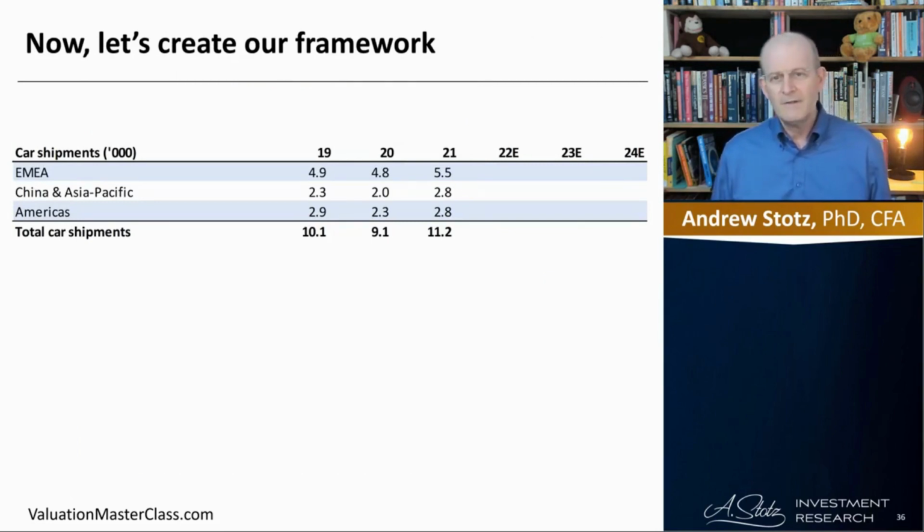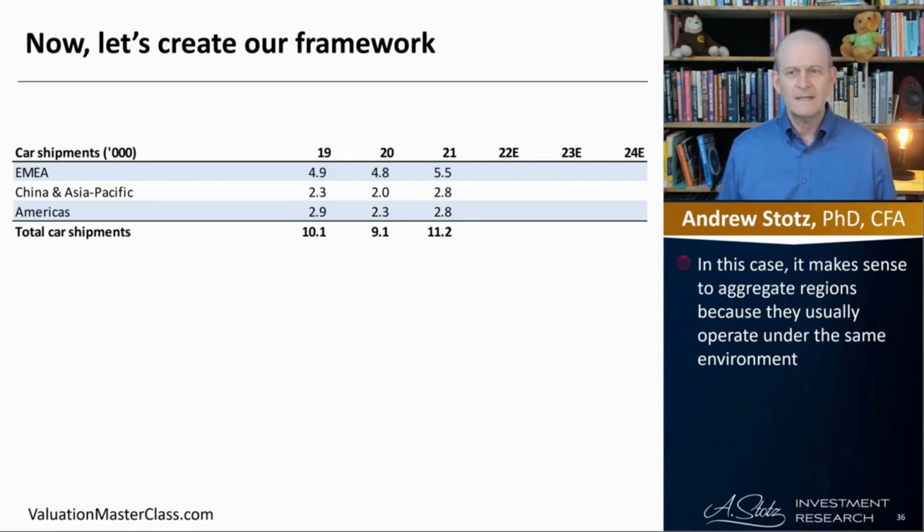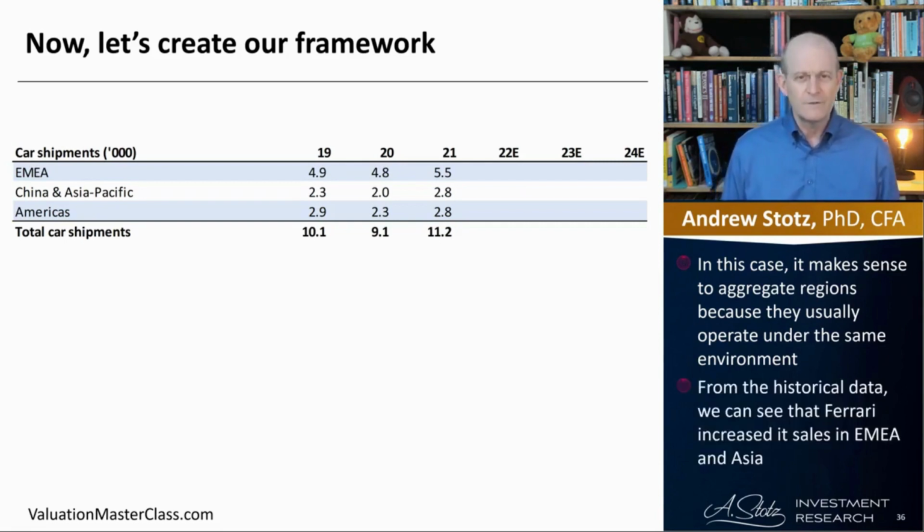There are 11,200 cars across the world, 5,500 are in EMEA, that's Europe, Middle East, and Africa, then China and Asia Pacific at 2.8, and the Americas at 2.8, or 2,800. In this case, it makes sense to aggregate regions because they usually operate under the same environment. We don't need to look at each country.